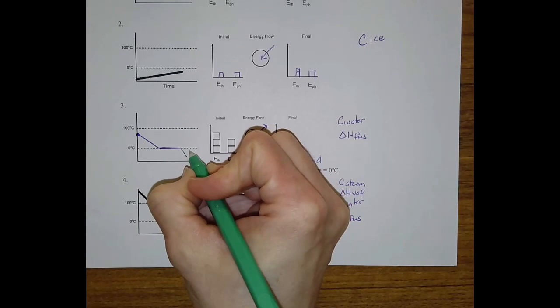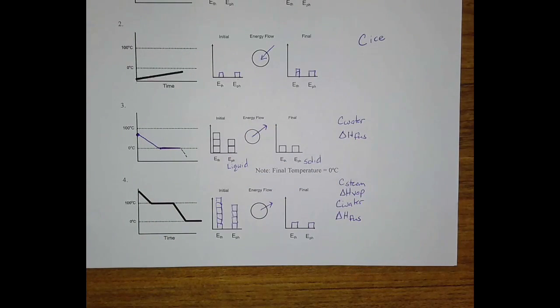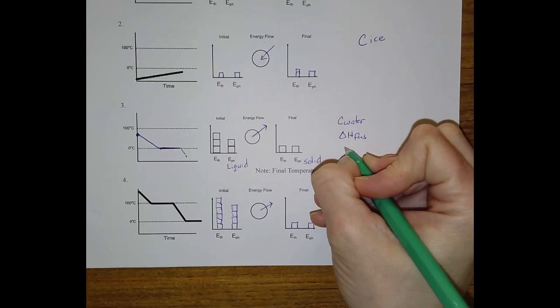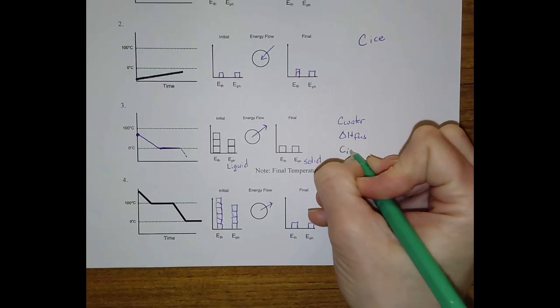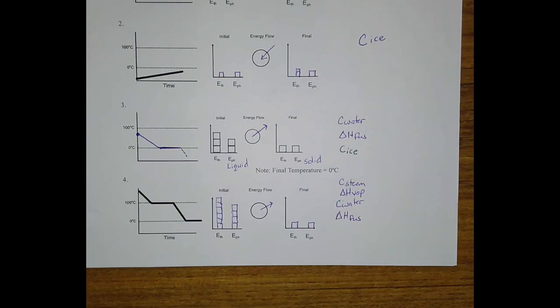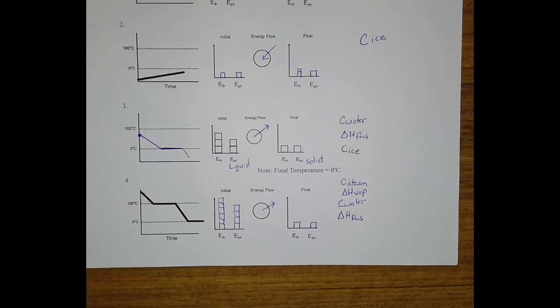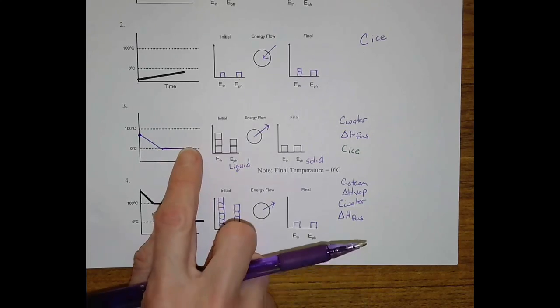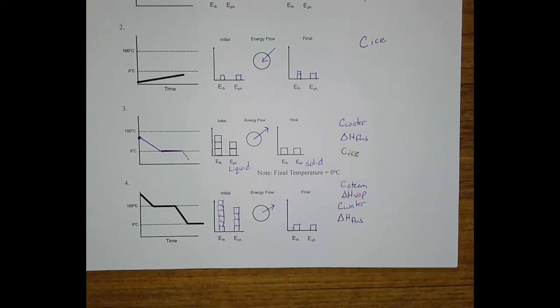So we don't know if we went down below being a solid. If you decided we went below being a solid, you would also need the specific heat of ice. If you decided that this was just a solid sufficiently far enough to have frozen but not dropped in temperature at all, you wouldn't include these 2 pieces that are in green. So you had a decision to make. As long as you made it for some rational reason, then you're just fine.